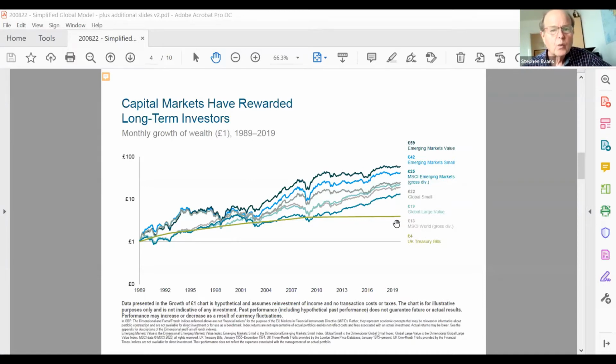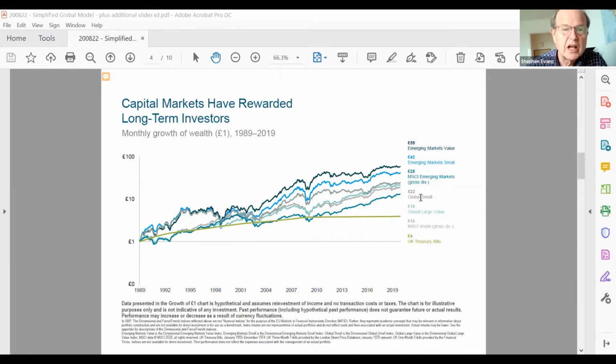The World Equity Index, with dividends reinvested over 30 years, would give you a total accumulated value of £13. But we can see how smaller companies do give a higher return.